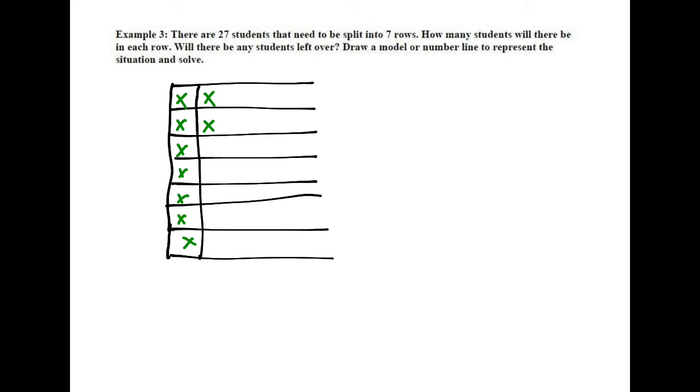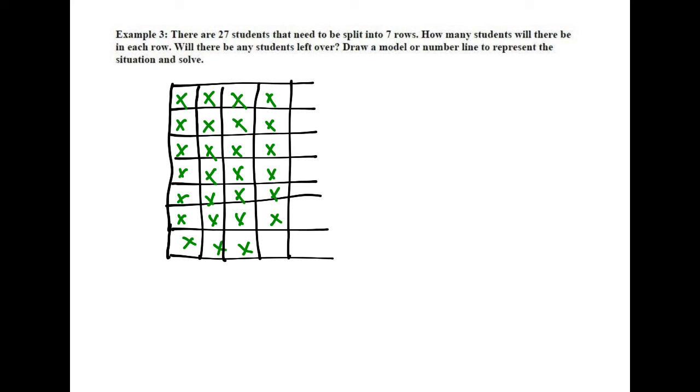So there's 8, 9, 10, 11, 12, 13, 14, 15, 16, 17, 18, 19, 20, 21, 22, 23, 24, 25, 26, 27. Is that right? Okay, so let's draw in the rest of the boxes here and then answer the questions.